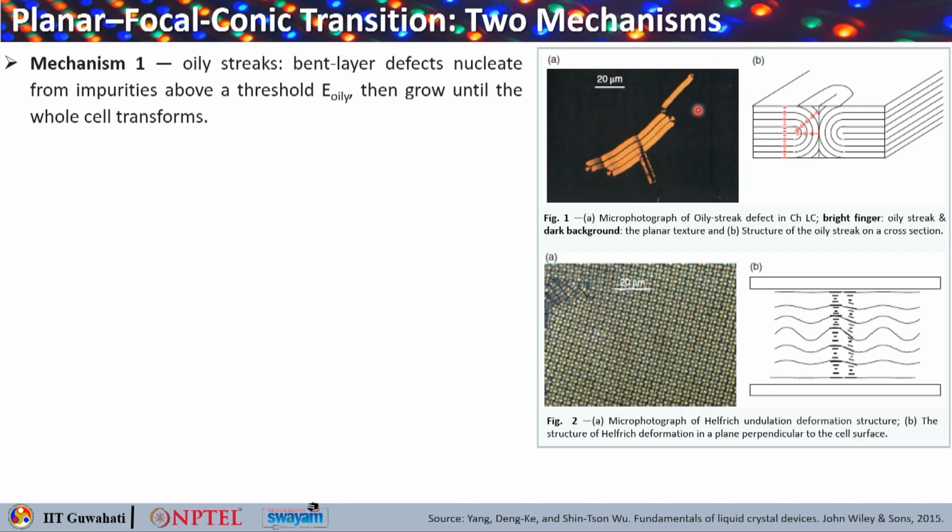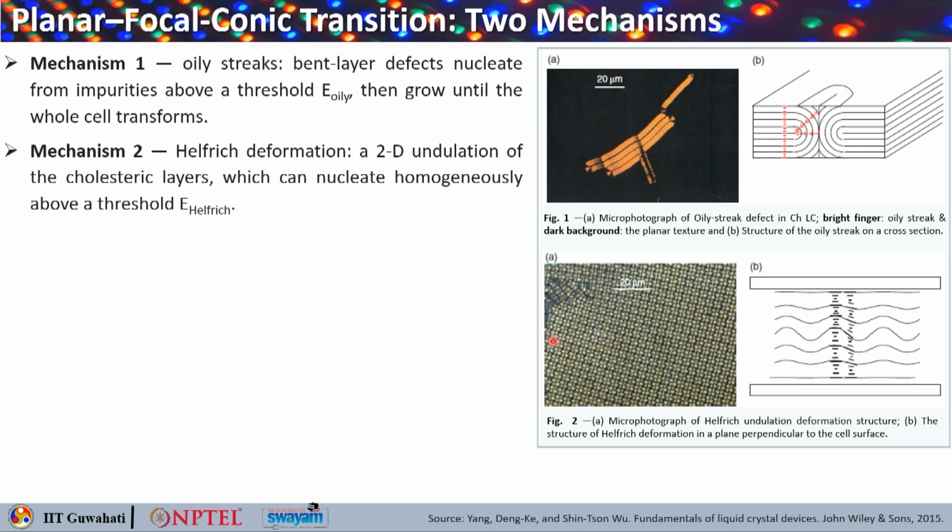The bright finger seen here is the oily streak, and the dark background is the planar texture. Here you can see the structure of the oily streak on the cross section. So what you understand is that the oily streaks require nucleation from a defect or impurity site, and then it grows with time. So it's an inhomogeneous seeded process.